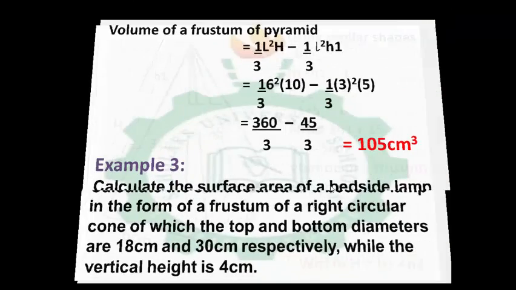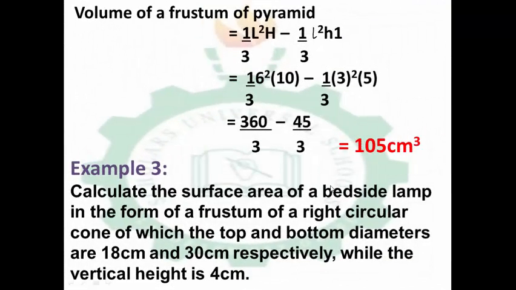Then capital H is 10. Then we have small l is 3 square. Then your h1 is 5 centimeters. And when you do this, you are going to have 360 over 3 minus 45 over 3, and this will give you 105 centimeters cube.